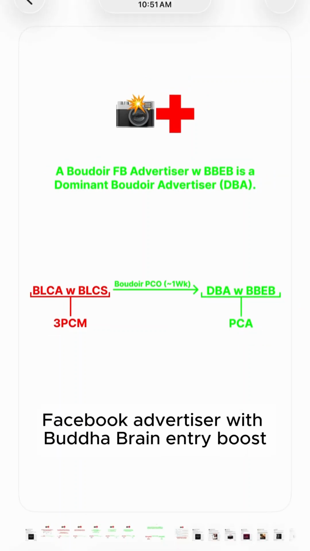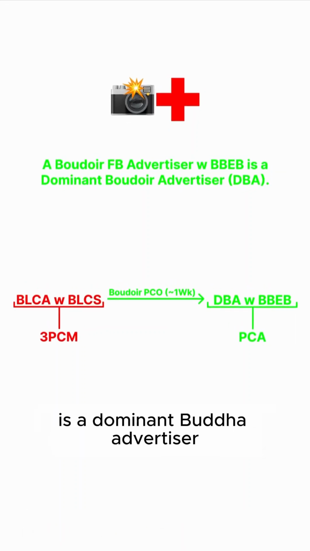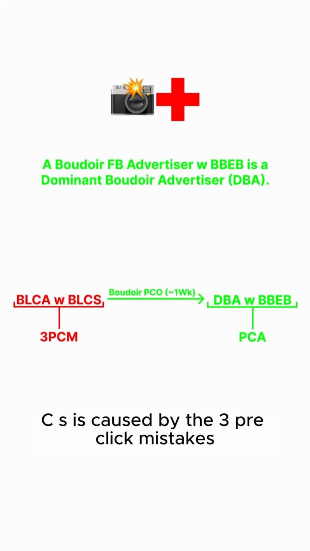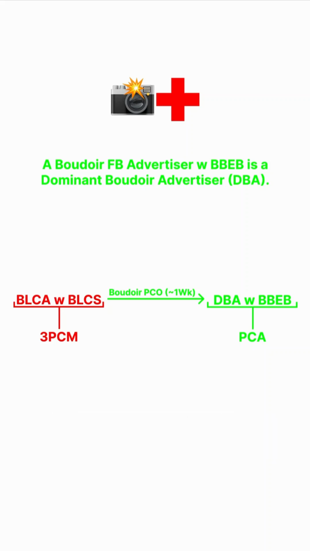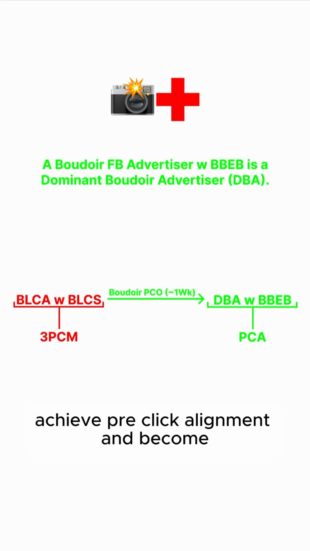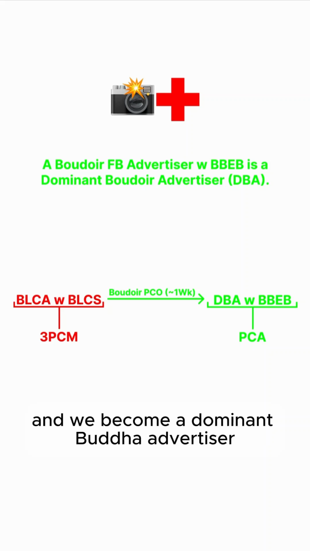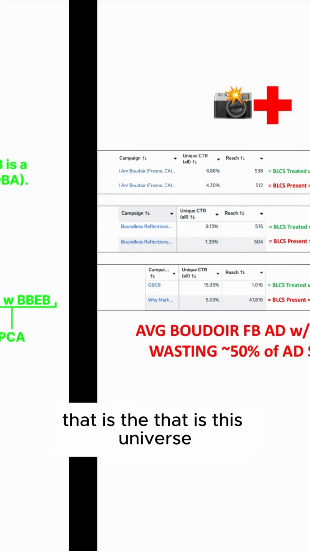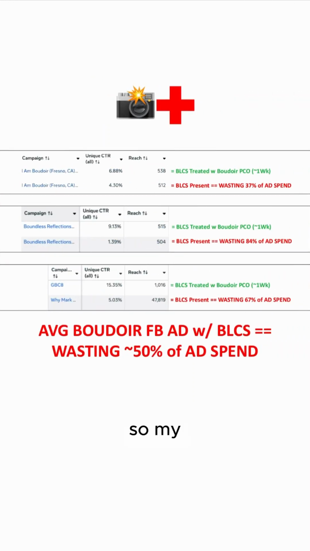And a Boudoir Facebook advertiser with Boudoir brain entry boost is a dominant Boudoir advertiser, a DBA. So we have our full universe here: a BLCA with BLCS is caused by the 3 pre-click mistakes. It's easy, treated with Boudoir Pico, takes about a week. Achieve pre-click alignment and we become a dominant Boudoir advertiser with Boudoir brain entry boost. That is this universe.